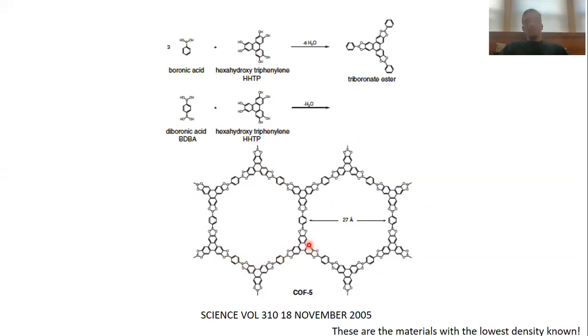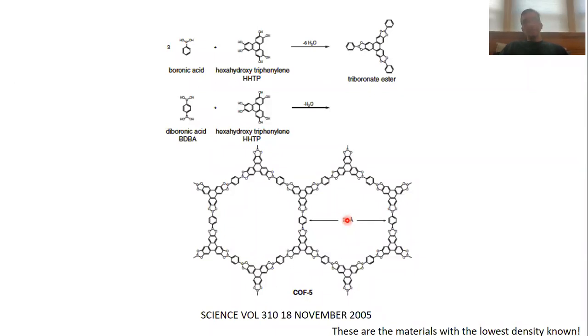These hexagonal pores are now larger in comparison to the boronic acid anhydride COF. They're actually already in the mesoscopic size. You see, they are 27 angstroms or 2.7 nanometers. Remember, the mesoscopic range starts at 2 nanometers.